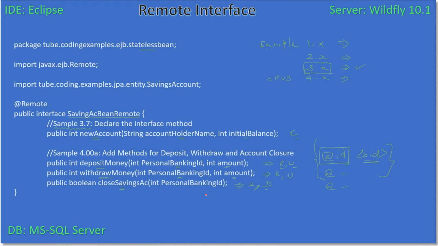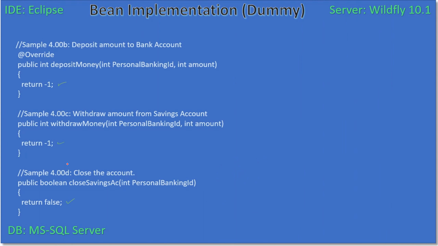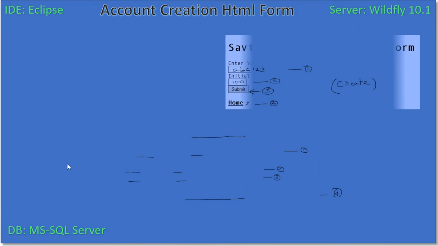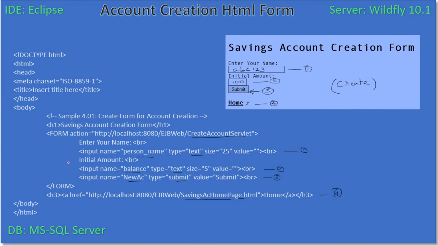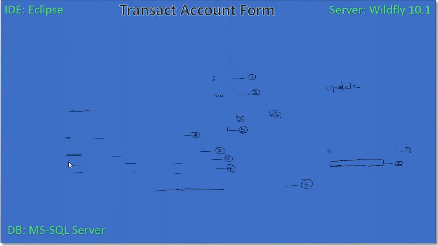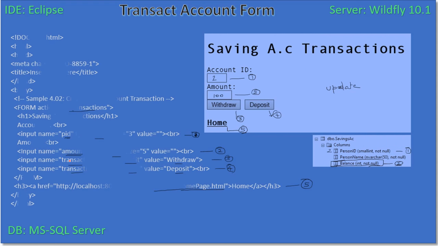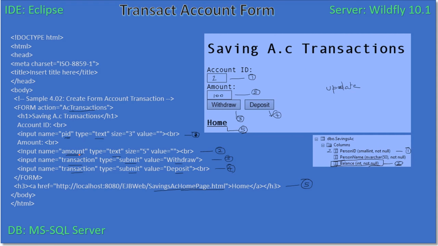Then we created a remote interface and we declared 3 functions. Then we provided a dummy implementation. After that we created some HTML forms to interact with those 3 declared functions as well as the create account.